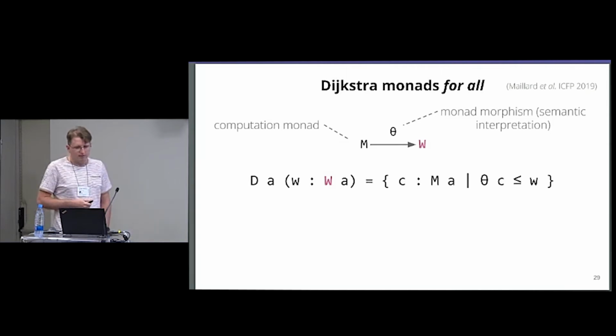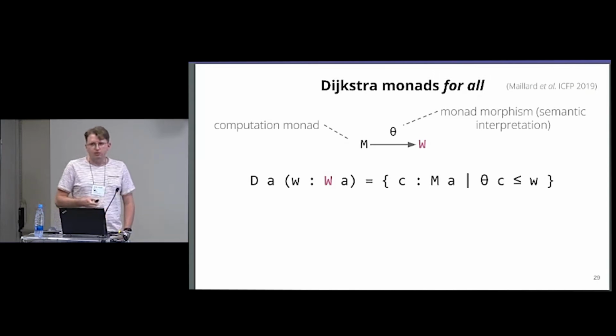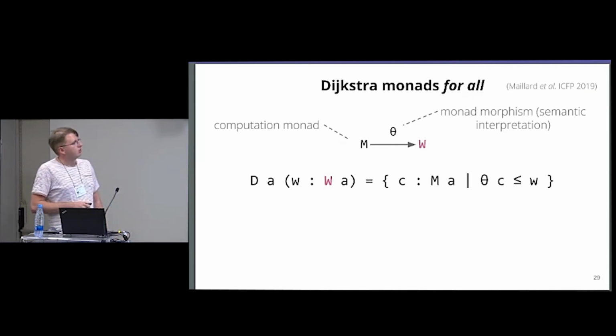And they show that we can obtain the extra monad if we have a computation monad, by which we understand one without specification, and a monad morphism between the two, which, to give intuition, is like a semantic interpretation. By having all these three components, we can create the extra monad using this representation, where the computation monad is refined by this property.